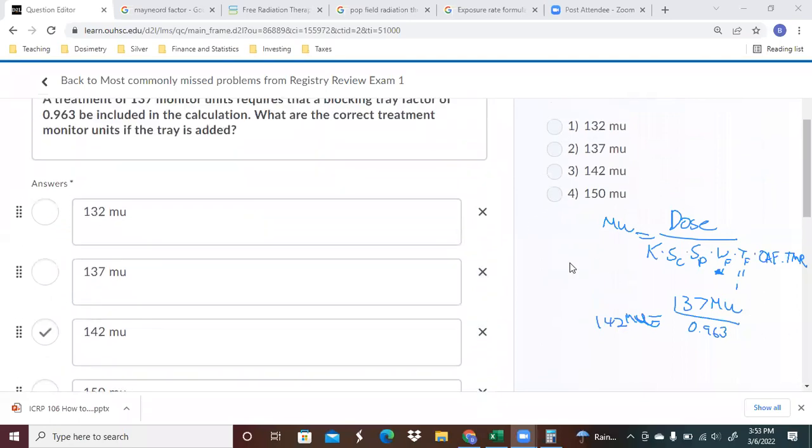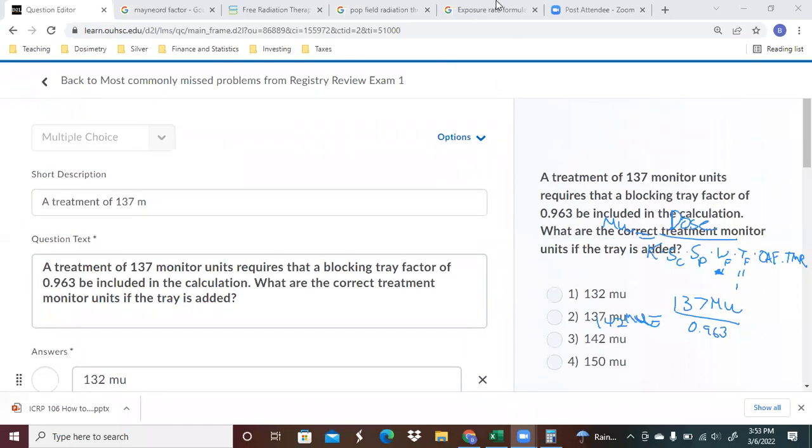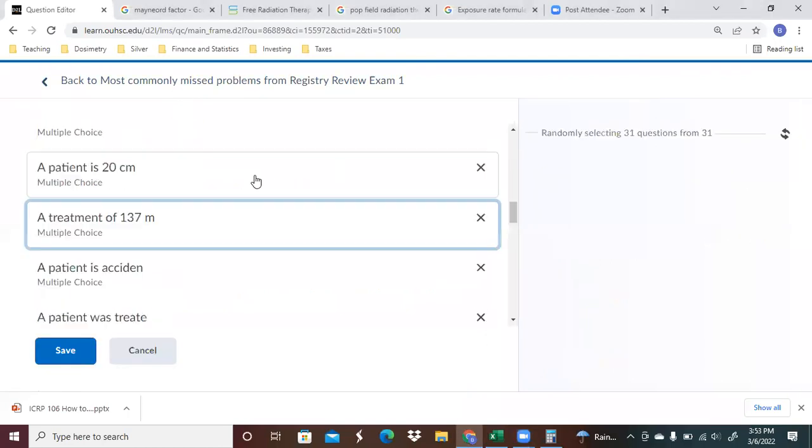So that's how that particular problem works out. Let me go ahead and clear off all of this. We'll move on to the next one.